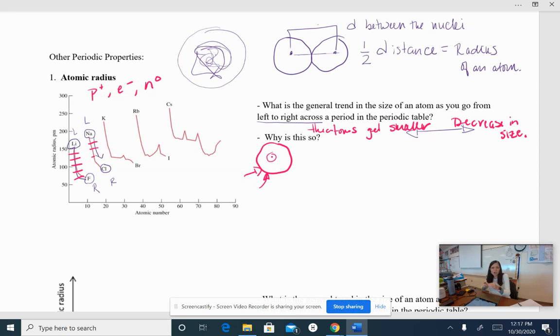So because the charge per volume ratio is so great with the protons in the nucleus, the protons are able to suck those electrons in the more protons that we have. So the protons in the nucleus have a greater effective charge.